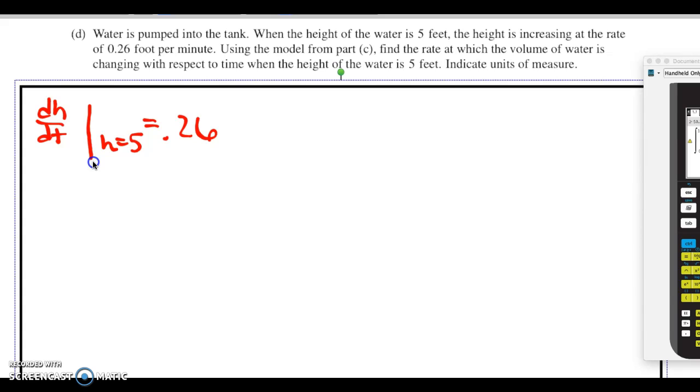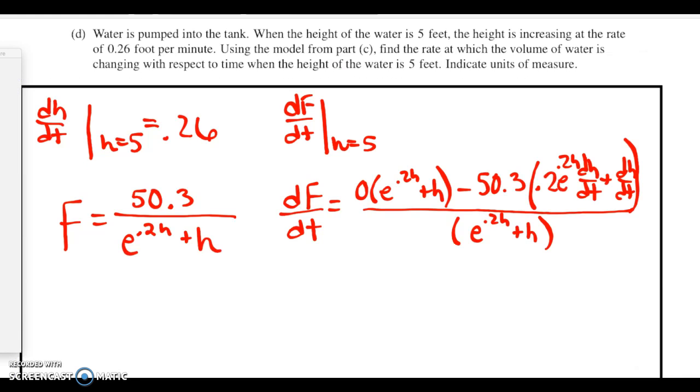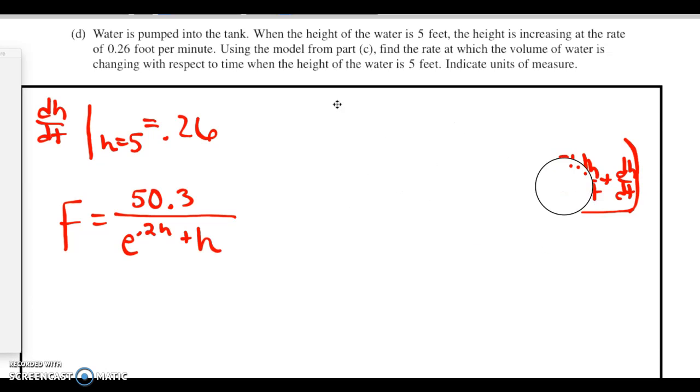So they give me an equation, f equals 50.3 over... Okay, so I'm going to put the information on our problem right here. And let's take a look.